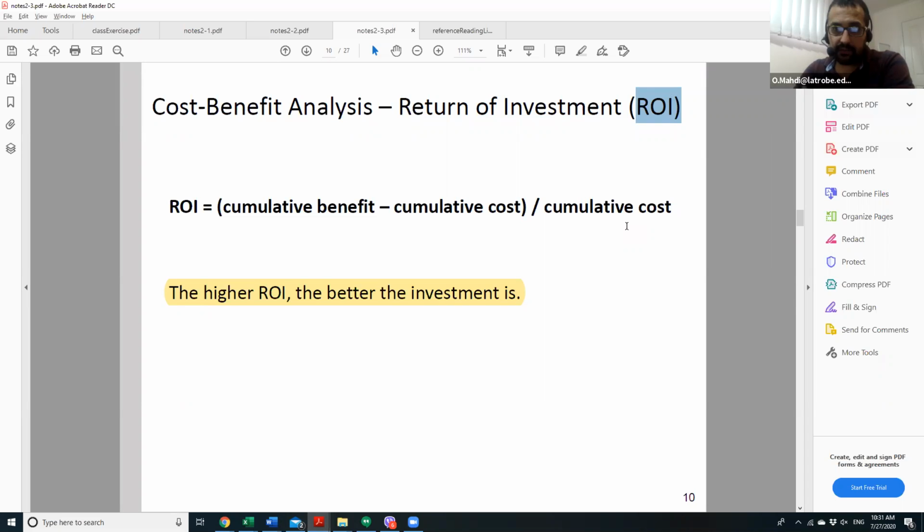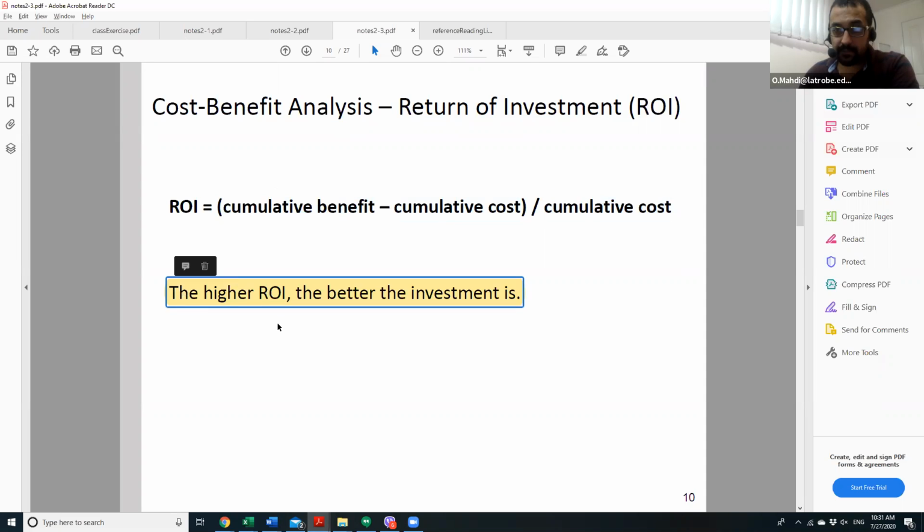There's a formula we can use: the total accumulated benefits minus the total cumulative cost, divided by the total cumulative cost. The higher the ROI, the better the investment is.